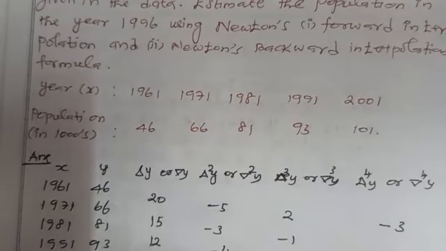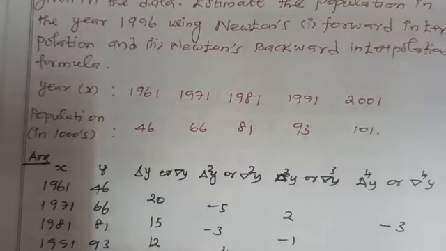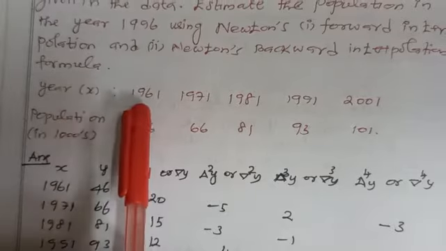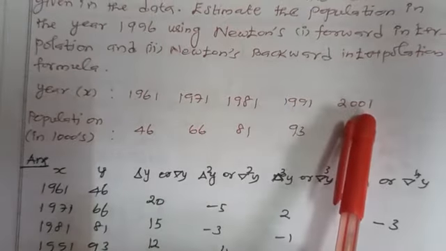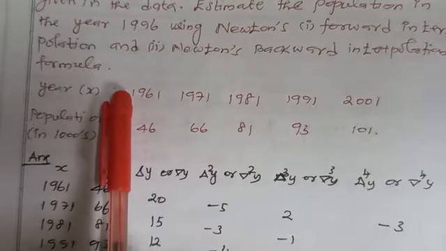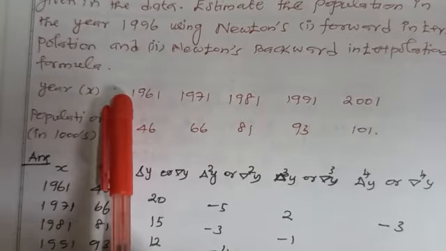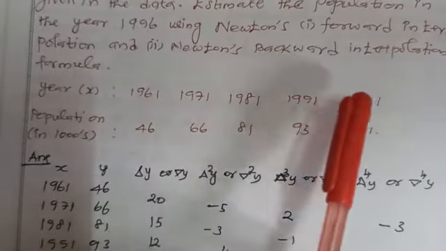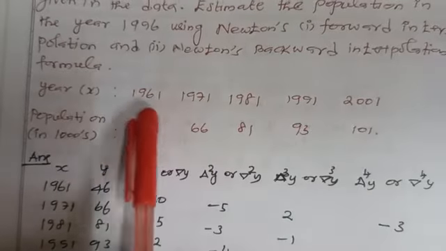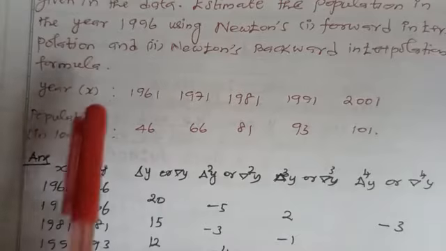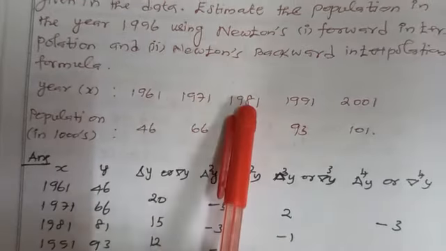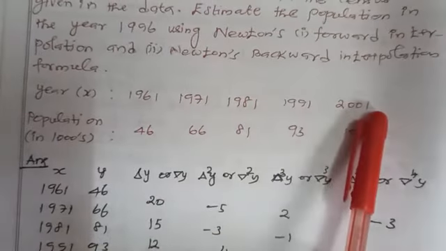For the given sum, for equal intervals, what conditions should be satisfied? The given x value will be gradually increasing or gradually decreasing, that is equal difference. 1961, 1971, 1981, 1991 and 2001.